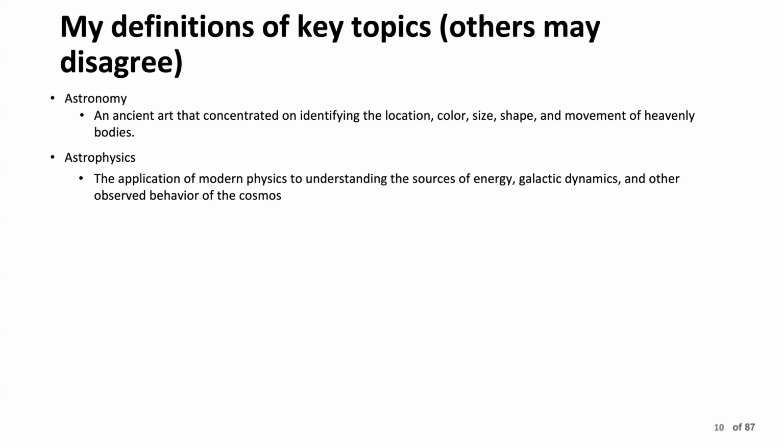Astrophysics is a new development, roughly 100 years old, and it depended on the emergence of the science of quantum mechanics, that is the science of atomic and subatomic physics. And I'll show you a timeline of this, but astrophysics, that is understanding the dynamics of what we observe, such as how the sun produces heat, could not be explained until, conveniently, quantum mechanics was invented roughly 100 years ago.